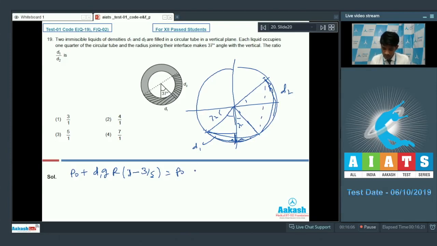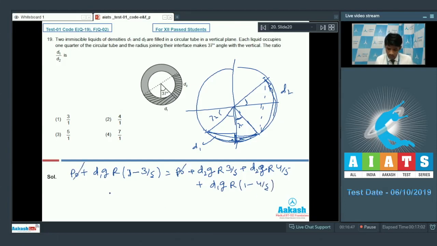This height, it is D2, this angle is 37, so it is R sin 37. Sin 37 is 3 by 5 plus D2 rho, it is G R. This is the height, it is 37 degree, so it is cos 37, 4 by 5 plus this density being D1 and this height, this is 37, it is R minus R cos 37, it is R 1 minus 4 by 5.